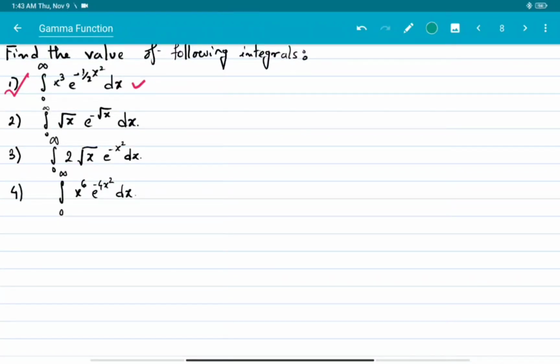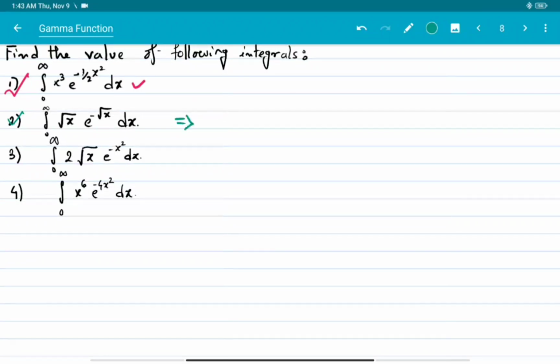You can pause the video and try it yourself once. So let us do this.